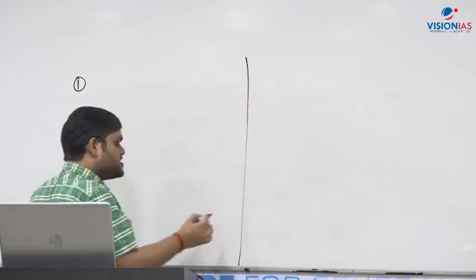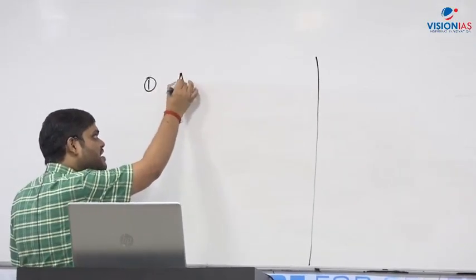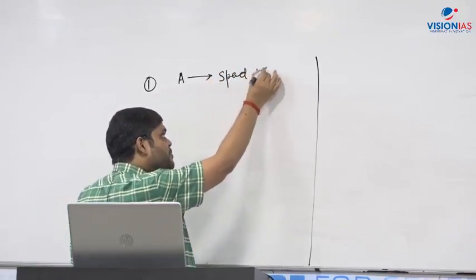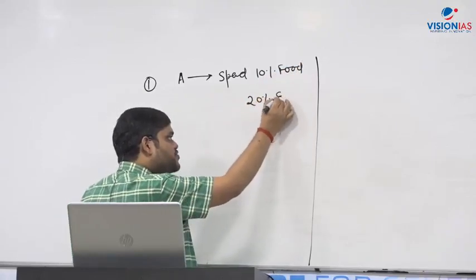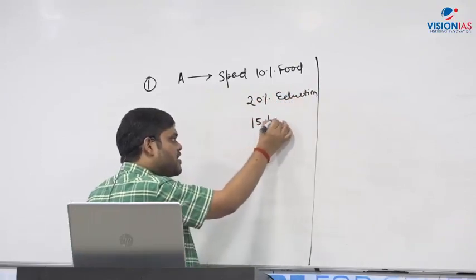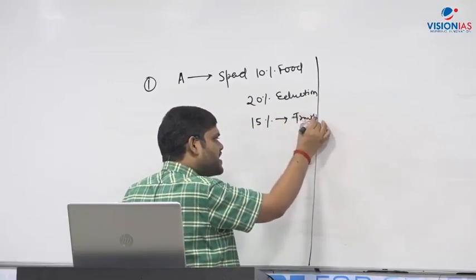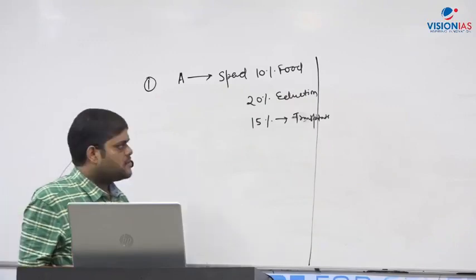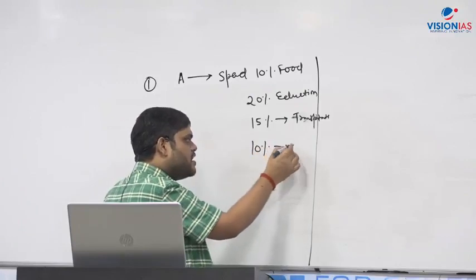Suppose the first case, the question is like this: Mr. A spends 10% on food, 20% on education of children, 15% on commutation or transportation, and 10% on entertainment.